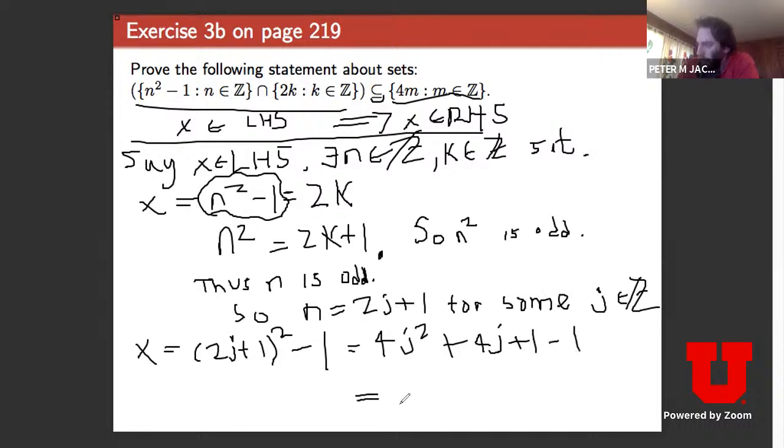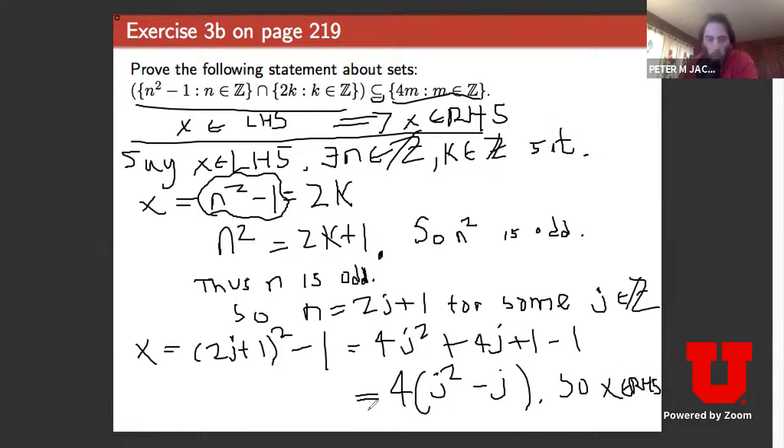And if we just write this out with factoring out the 4, and the 1 cancels at the end there, we have 4 times j squared minus j, and j is an integer, and the integers are closed under multiplication and addition and subtraction. And so we conclude, so j squared minus j is an integer, and therefore x is an integer multiple of 4. So x is in the right-hand side.